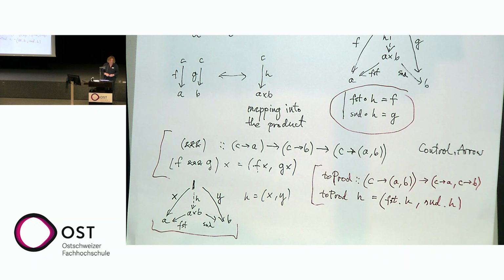It tells you how to create the product. Given two elements, X and Y, you generate a product. So if you have something defined by using mapping in, then you can always specialize it to the terminal object, and you'll get a way of introducing it, right?